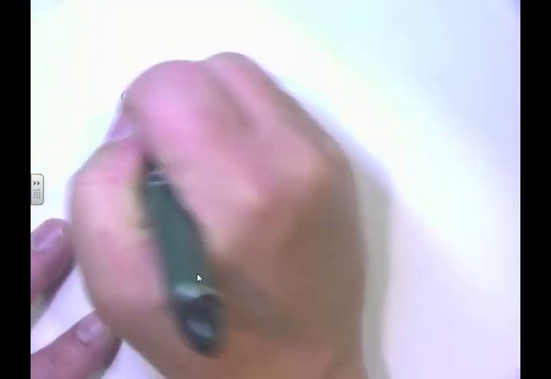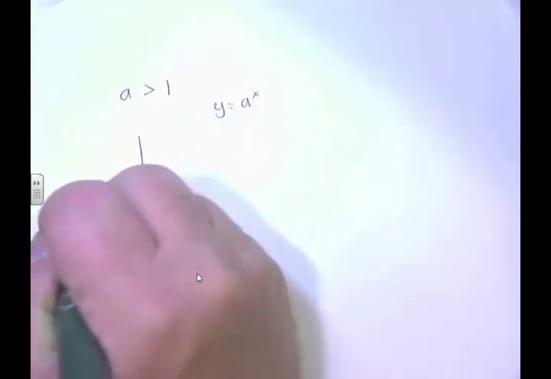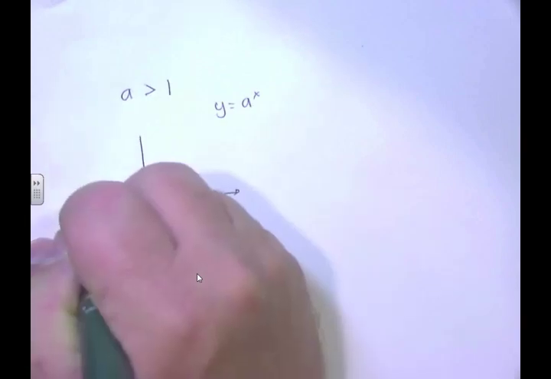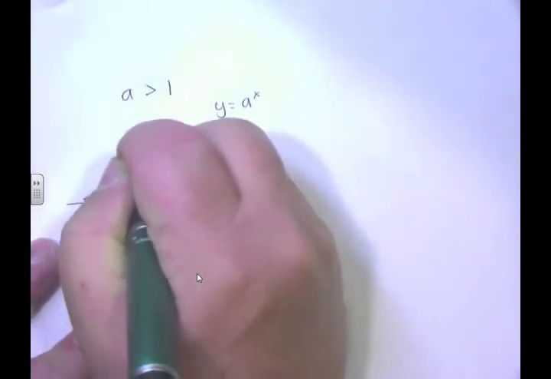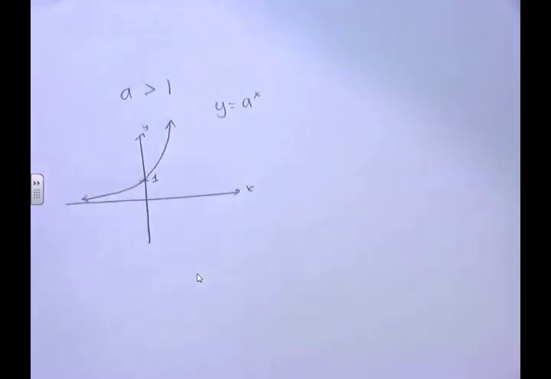Exponential graphs should be the same way. As long as the base is greater than 1, the exponential graph y equals a raised to the x looks the same. It always passes through 1, it horizontals out on the left and blows up on the right. This is what an exponential graph looks like.